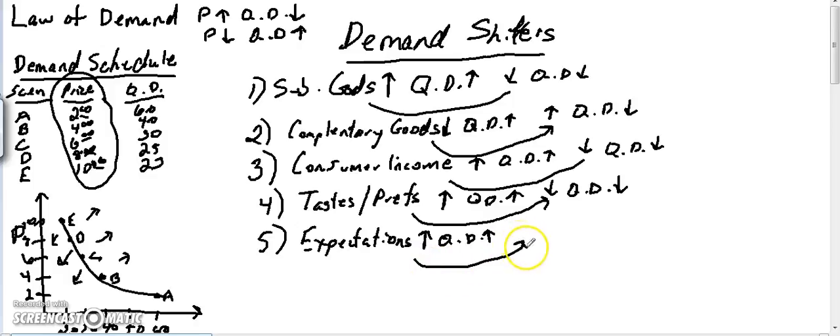And the same could be said if I know that there's going to be a future drop in the price of these songs, then I'm going to hold on to my money now so that I can buy more when the price drops.